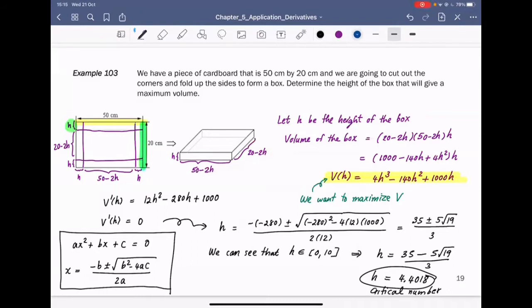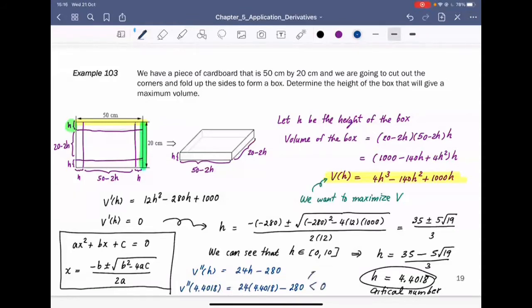To make sure that you have a maximum, you can take the derivative one more time. This is going to be 24h minus 280. When you plug in 4.4018, 24 times 4.4018 minus 280 is going to be a negative number, right?